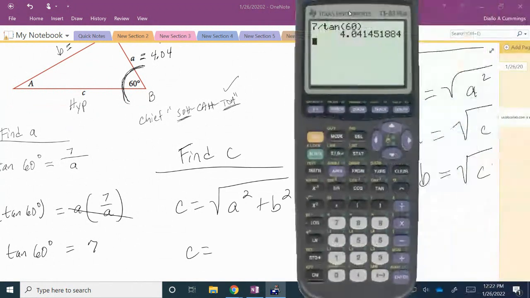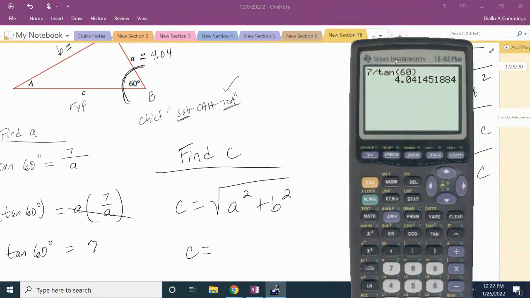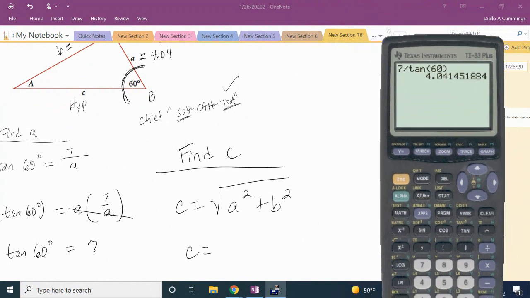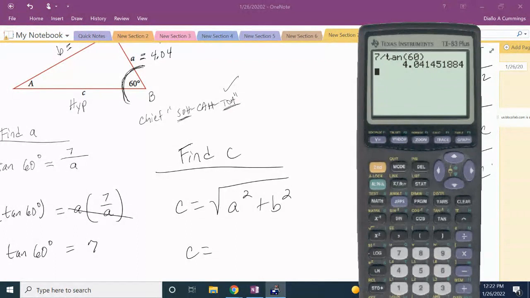And I'm going to use my calculator. Now, here's the thing in this course: there's something called rounding error. You get rounding error when you take a value that has been rounded, use that in a calculation, and then round again.